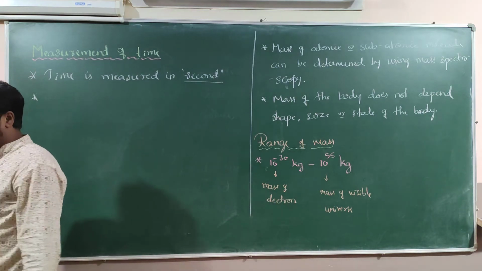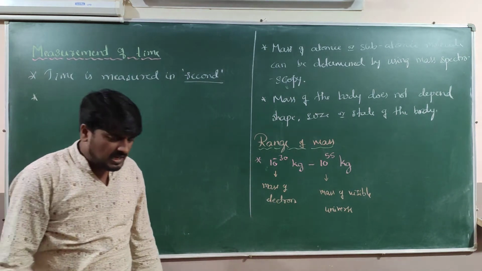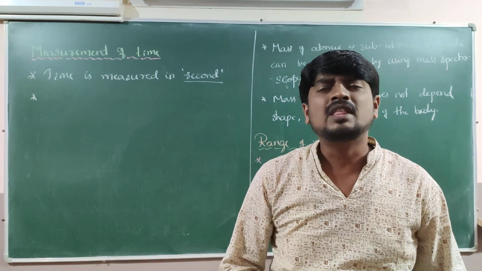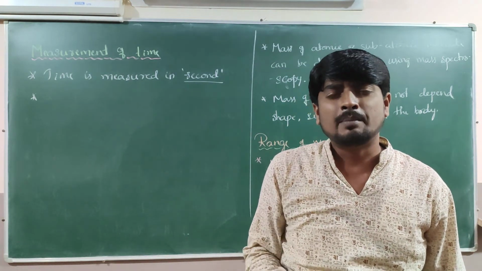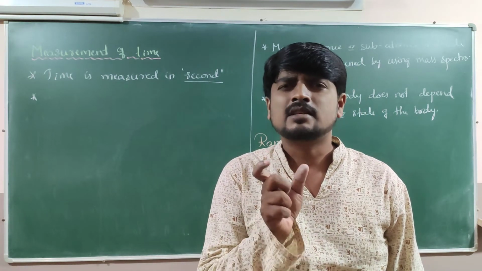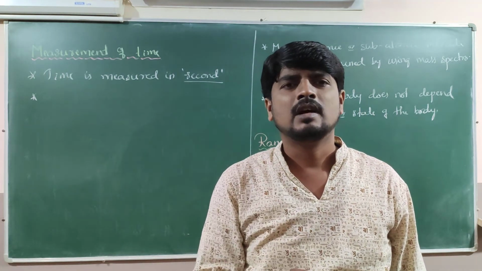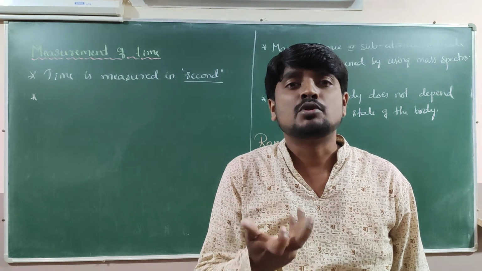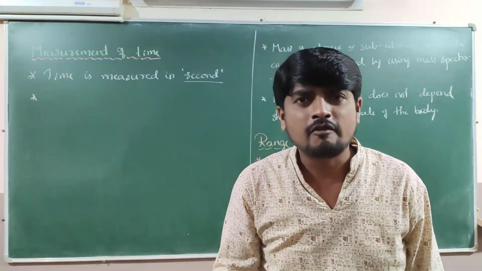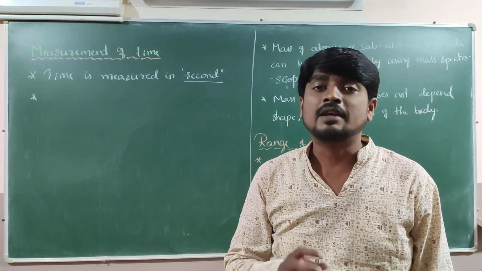Second, many types of clocks were developed based on periodic vibration. Periodic means there is a proper sense of motion, or a conscious motion. That is called periodic vibrations. Based on these periodic vibrations, different types of clocks were developed.